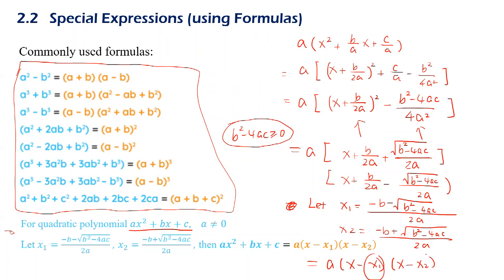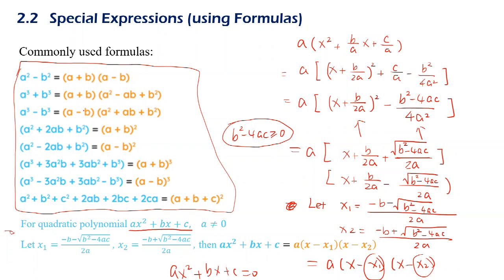Actually, the x1 and x2 here are the real roots of the equation ax squared plus bx plus c equals 0, right? Okay, so I hope you know how to factor special expressions using the formulas now.